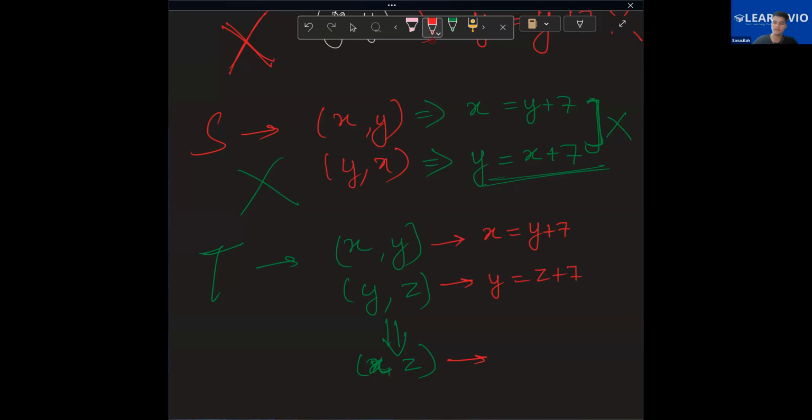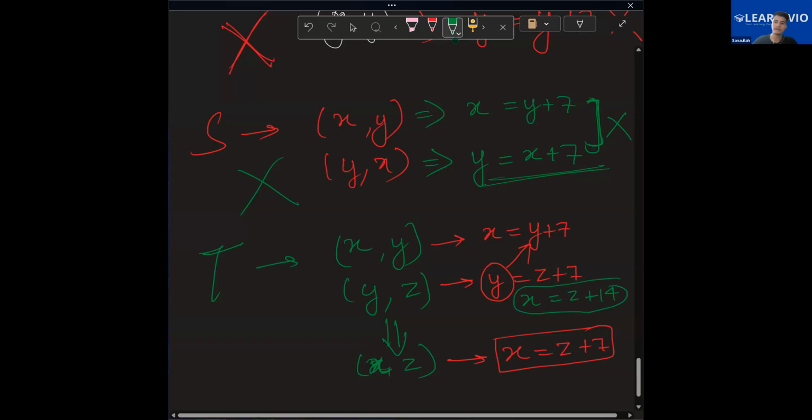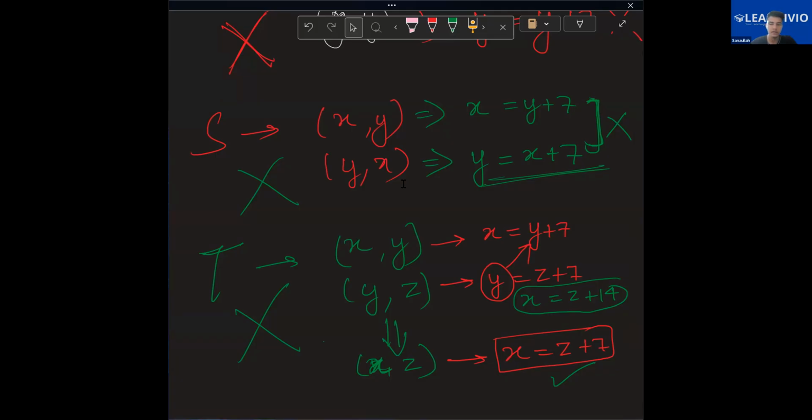So what we must have is x equals z plus 7. ये हमारे पास आना चाहिए. But let's put this value inside this equation, and we have x equals z plus 14. So we are getting a different equation. We are not getting this equation. So this is not transitive. So this is not reflexive, not symmetric, and not transitive.